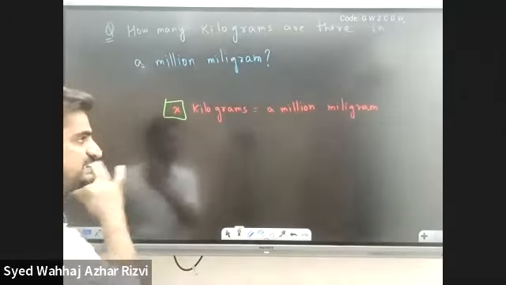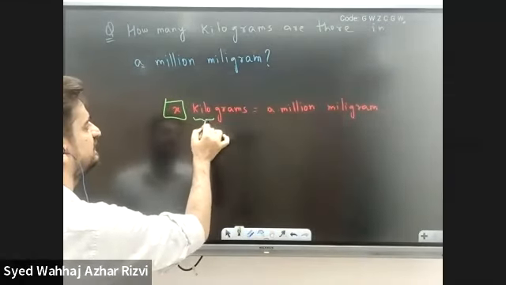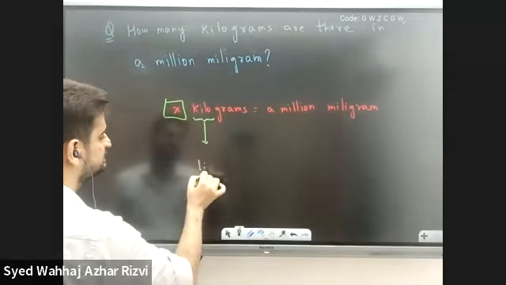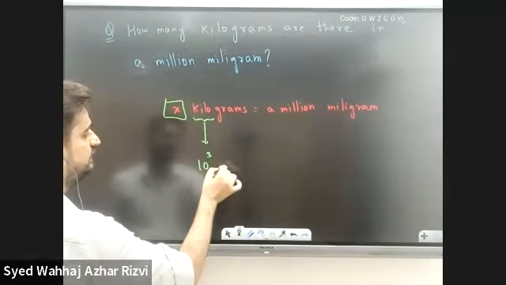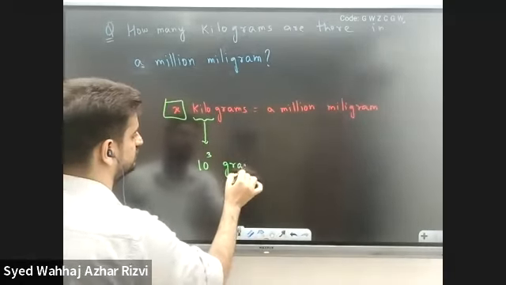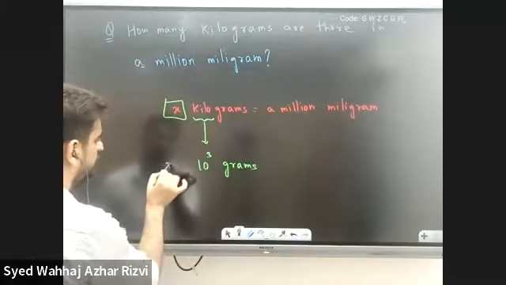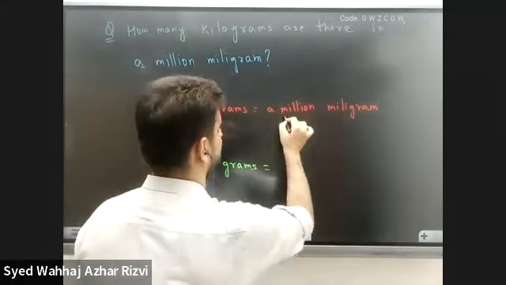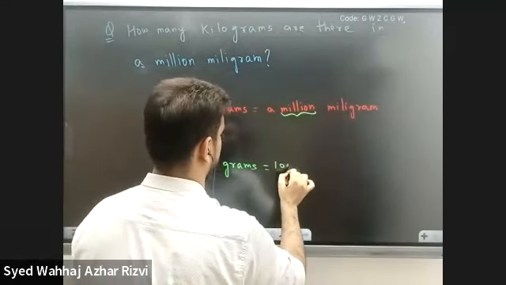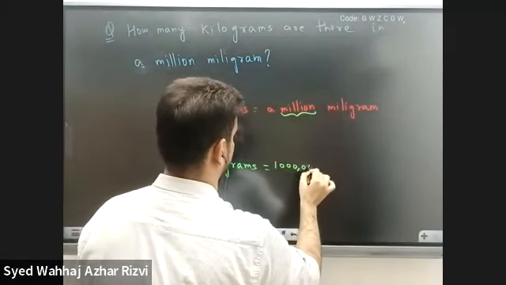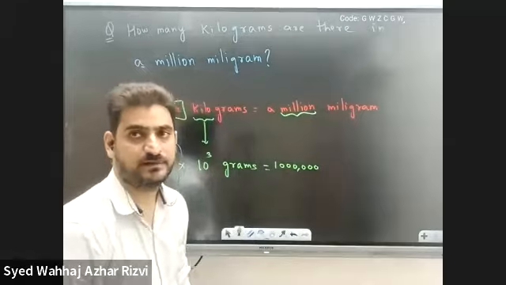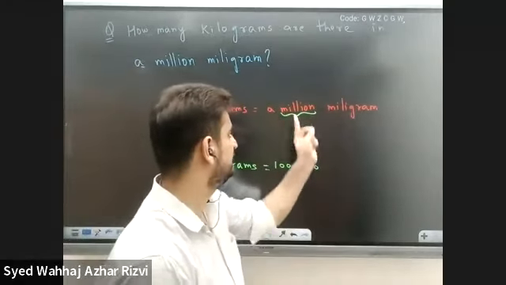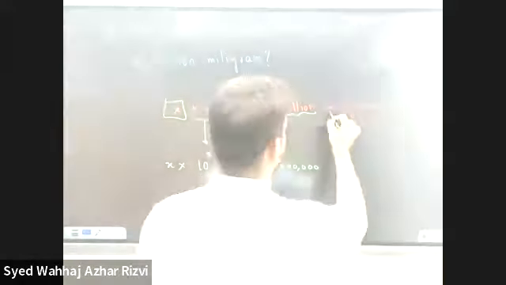So again, let's do the same thing. What does a kilo mean? A kilo means 10 raised to the power 3 grams, into X. Equals, what does a million mean? A million is 1,000,000. And what is milli?